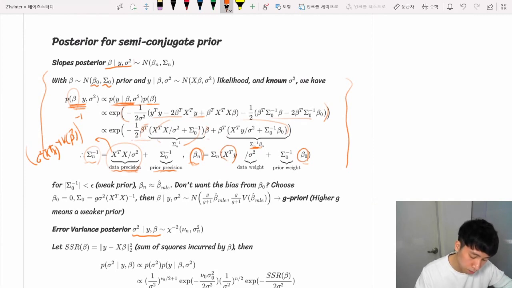Since this is the inverse of the precision, the precisions are in the denominator, and the weight of the data and the weight of the prior are given as weights. Inside here we get a data-favored value and a prior-favored value.